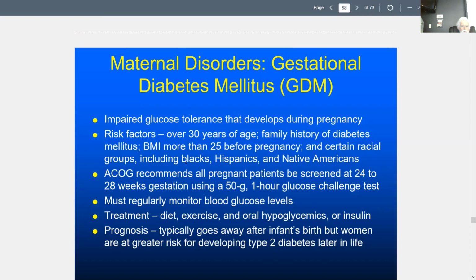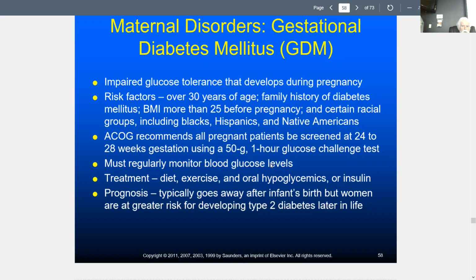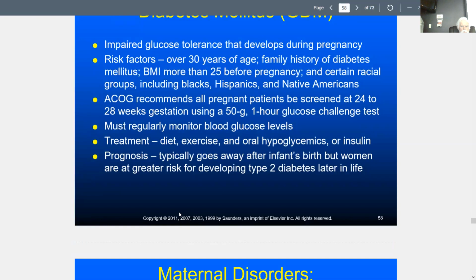Other disorders can be gestational diabetes. It does happen in some women. And unfortunately, what happens is that you're more likely to actually go on to type 2 diabetes later in life.